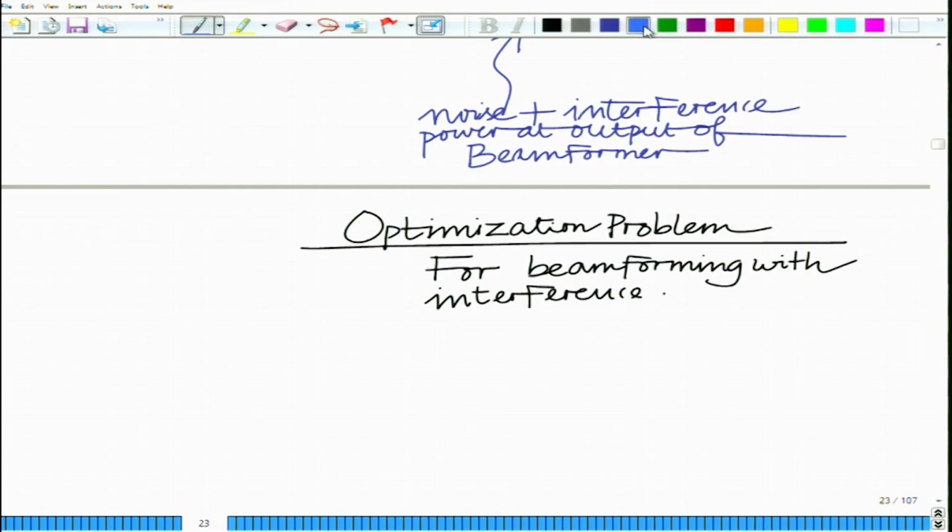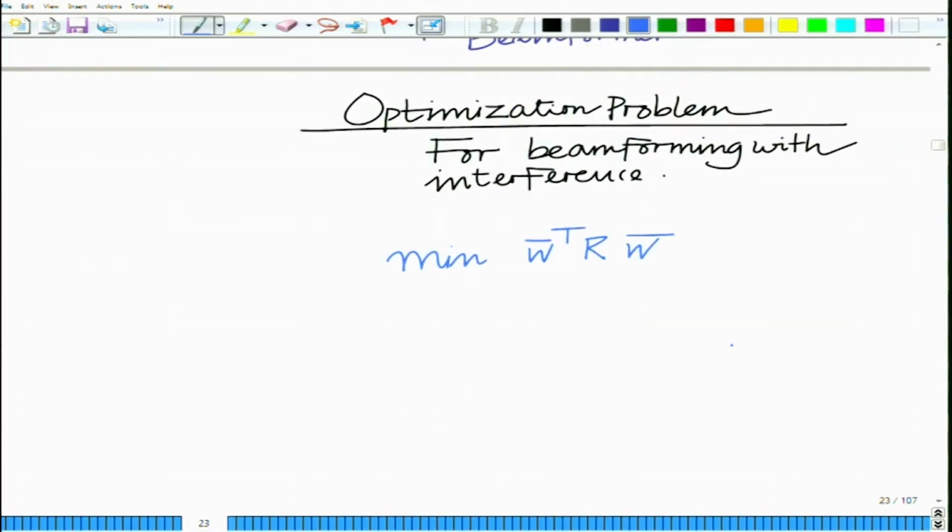The optimization problem for beamforming with interference is to minimize the noise plus interference power, which is what we have calculated, W bar transpose R W bar. Previously, this was simply W bar transpose W bar, if you remember.